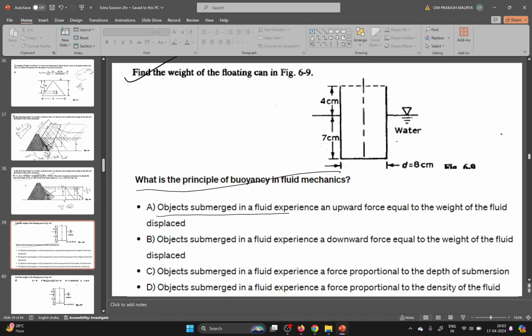An object submerged in the fluid experiences an upward force equal to the weight of fluid displaced. How much force? Weight of fluid displaced. So how will we calculate the weight? Rho g.